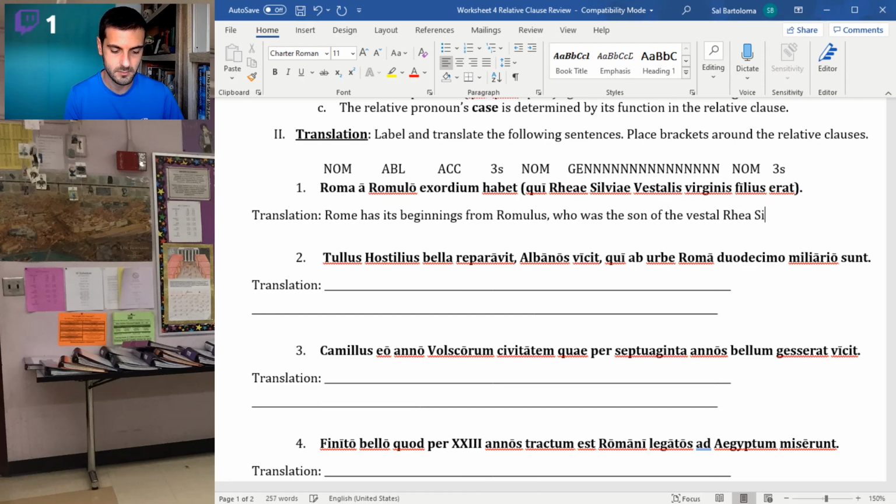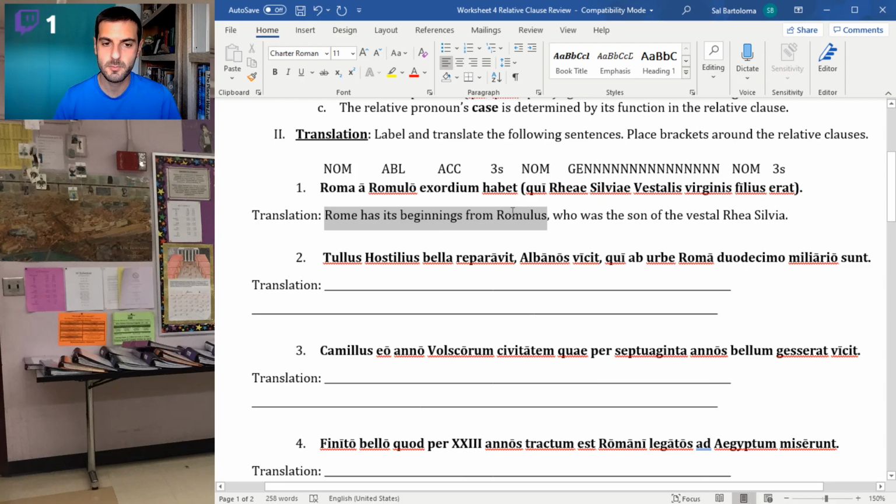You can say Vestal Virgin or you can just say Vestal, right? We know both terms. When we talk about the Vestals, we're talking about the Vestal Virgins. They were the priestesses who took care of the Temple of Vesta. So Rome has its beginnings from Romulus, who was the son of the Vestal Rhea Silvia.